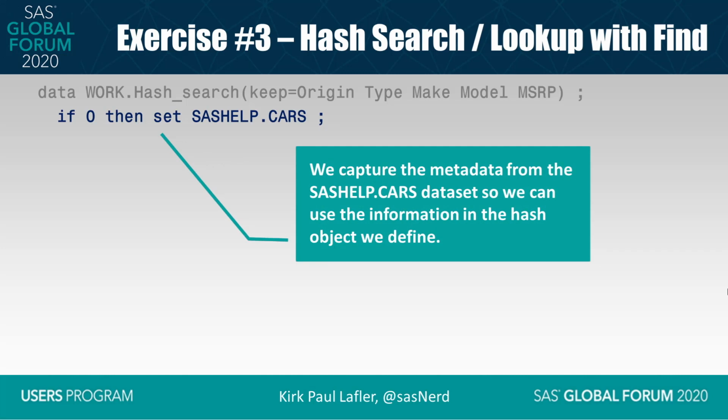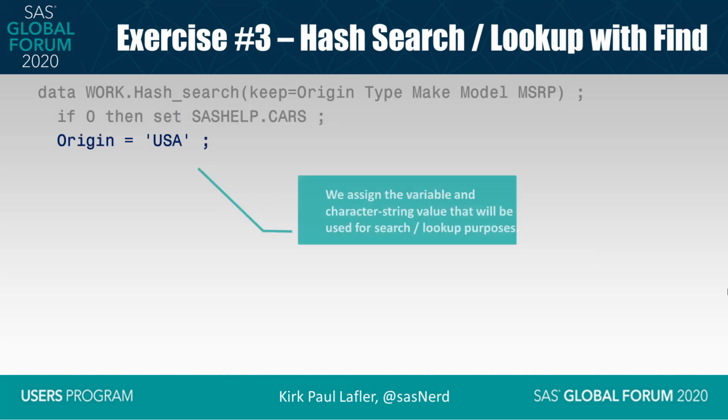Now this statement, if 0, then set sashelp.cars. This technique allows you to capture metadata from whatever data set we're processing, in our case, sashelp.cars, so we can use and parlay that information into the hash object itself.